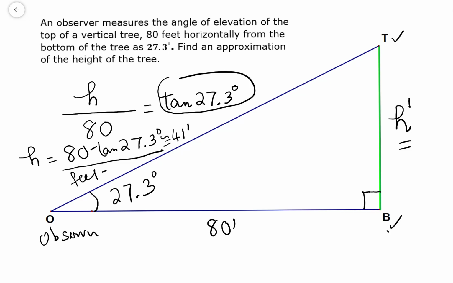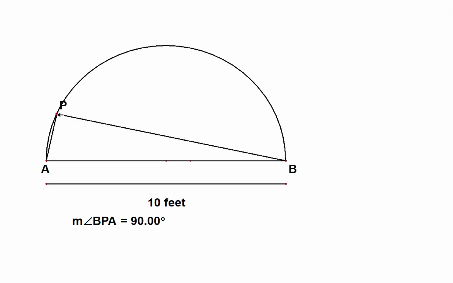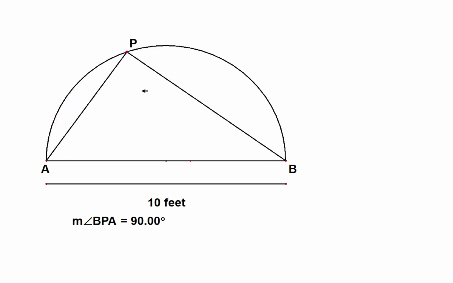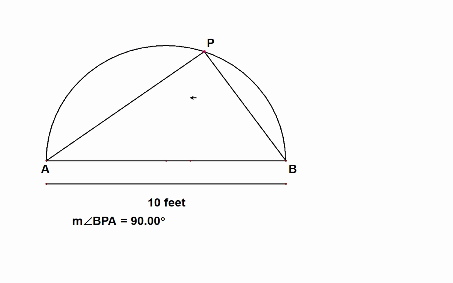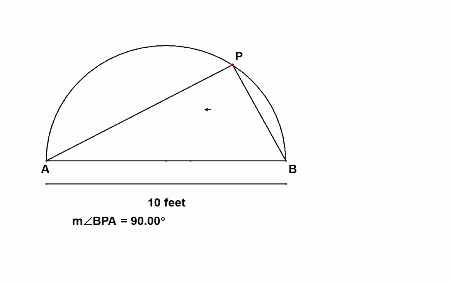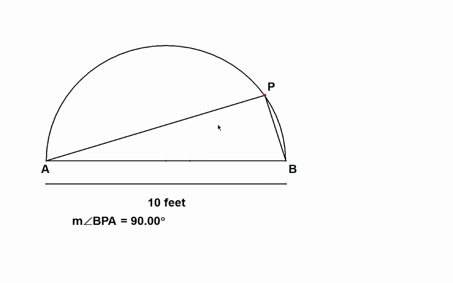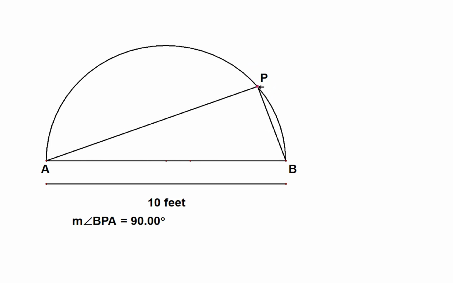All right. So as another example, let's take up this scenario in which a particle is traveling along the circumference of this half circle. All right, and you may remember from high school geometry that the angle BPA is always a right angle. So here we have a right triangle.